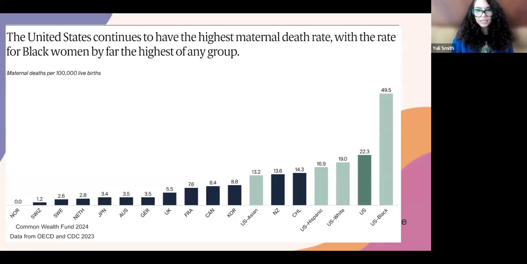Now, interestingly, the countries that are on the further left side of the graph, the ones that have the lower maternal mortality rate, they actually have a long history of integrating midwives in their healthcare systems, whereas the US, Canada even, has a lower amount of any type of birth assistance or birth attendance available to birthing folks. And midwifery integration is not a high priority here in the US, unfortunately.